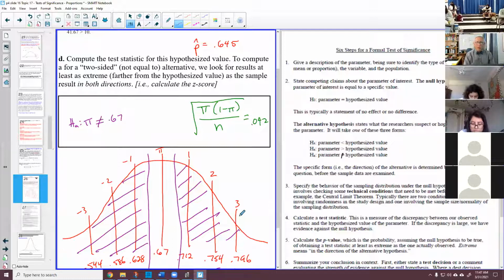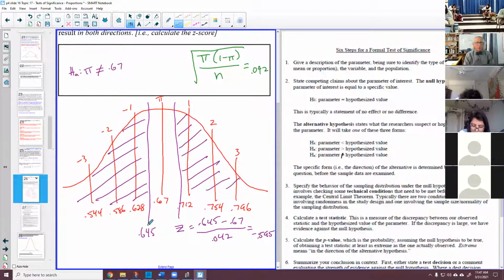If my test statistic is negative 0.595 standard deviations this way, I also have to go positive 0.595 standard deviations that way.